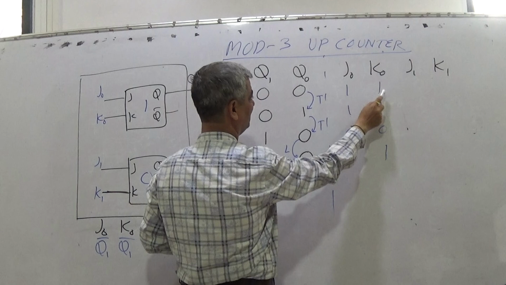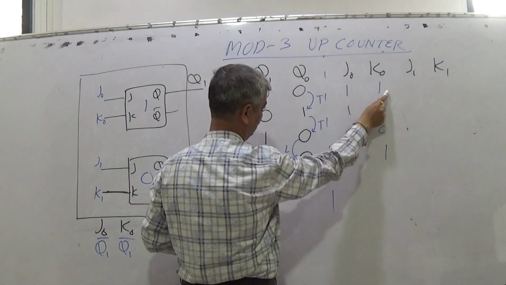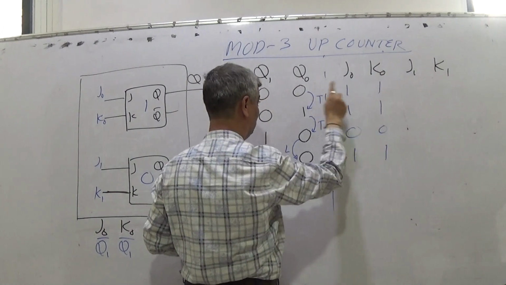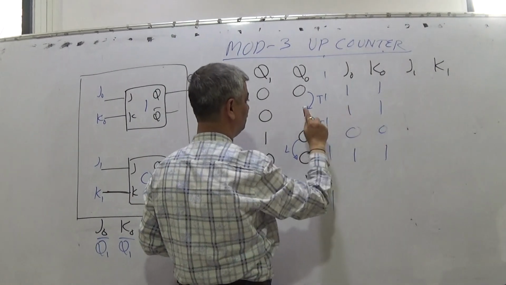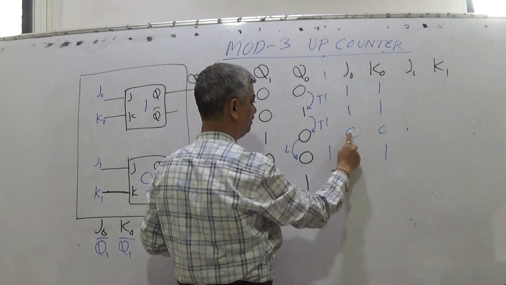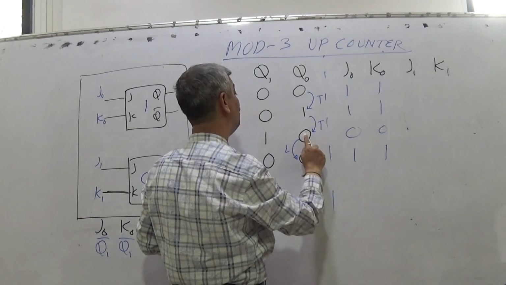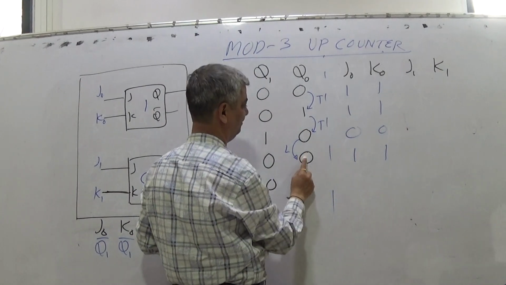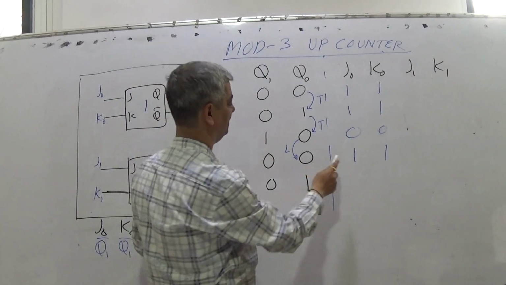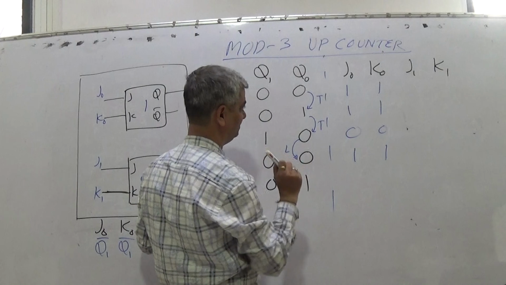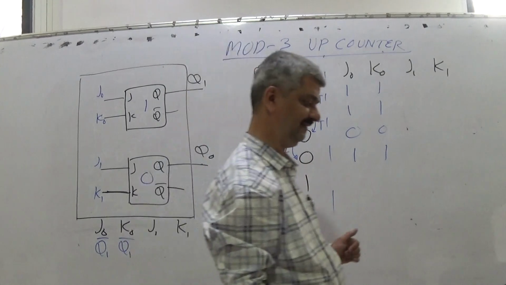So J0 is 1, K0 is 1, J0 1, K0 1, Q0 toggles. J0 0, K0 0, Q0 maintains, continues 0. That's all. This is something which is over now. So again J0 1, K0 1 it toggles. That's all. Now for Q1.